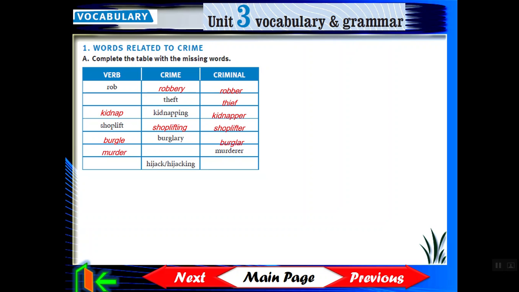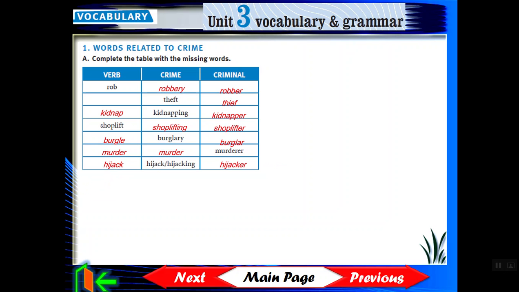And the crime, it is the same, noun and verb, murder. Murder means يقتل. And the last word, hijack. Hijacking means يخطف. So the verb hijack, the crime hijacking, or it is the same hijack, خطف, and the criminal hijacker.